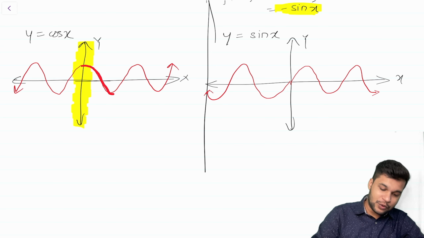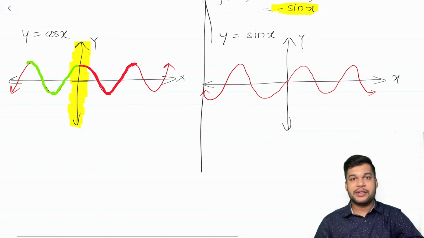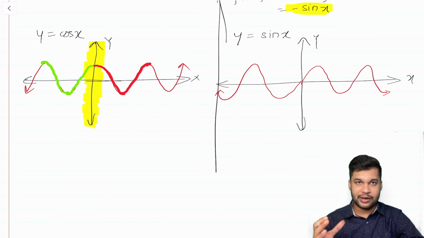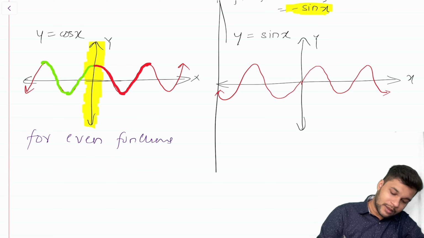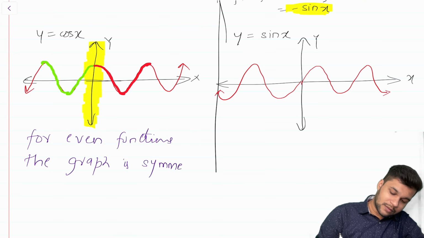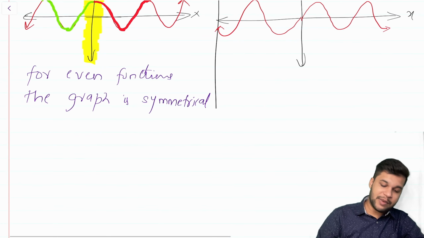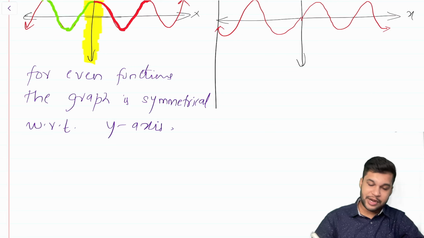On the left, you start from the maximum, go to the minimum. Then again from the minimum you go to the maximum, and towards the left too. So the graph is symmetrical with respect to the y-axis for even functions.